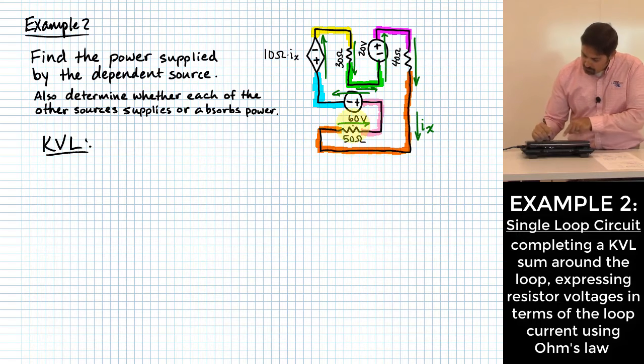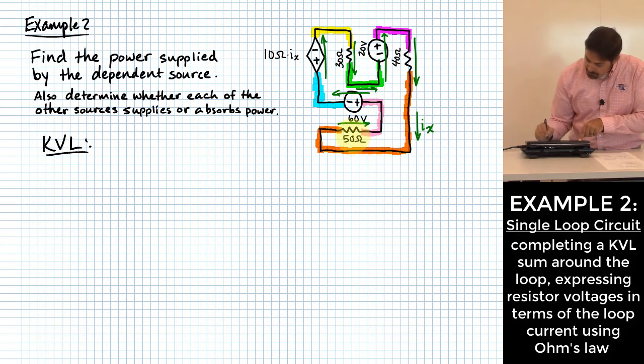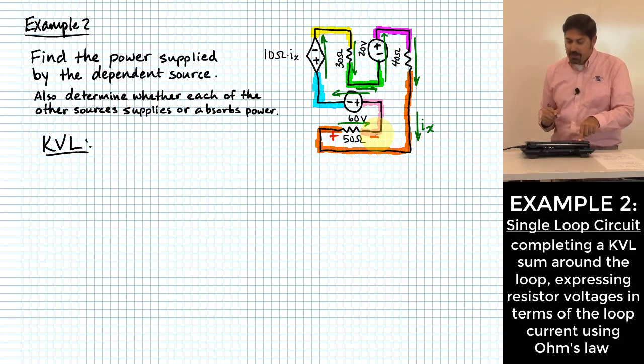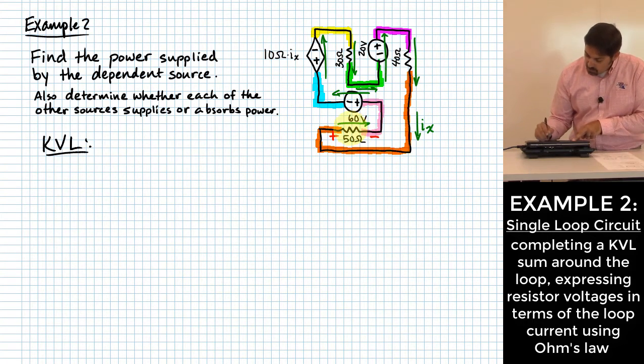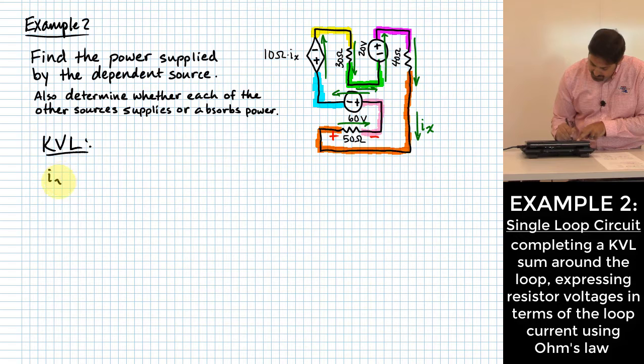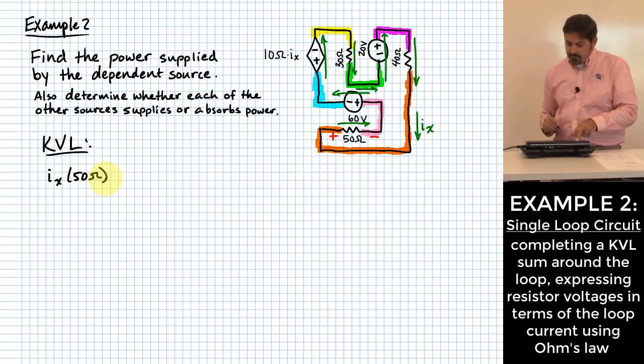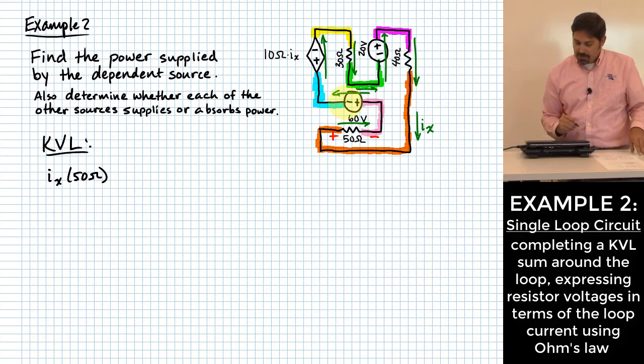The 50 ohm is going to have a positive voltage across it going this way, with its polarity going that way if IX flows the direction I'm showing. So the voltage drop is just going to be positive IX times 50 ohms. That's what that first voltage drop is right there.